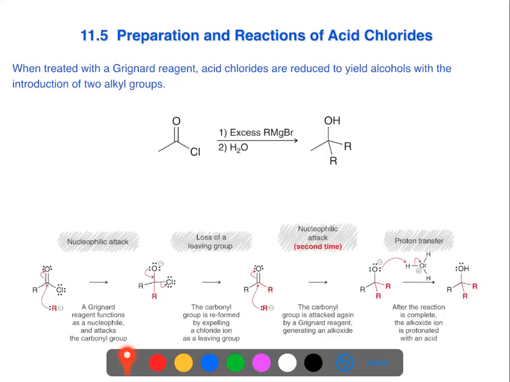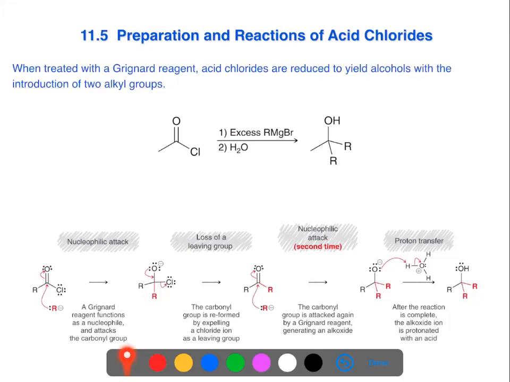So similar to the hydrogen nucleophiles that we just discussed, acid chlorides will also react with carbon nucleophiles, like the Grignard reagent and like organolithiums. And similar to what we saw previously, we can form alcohols if excess Grignard or organolithium is used to carry out this transformation.